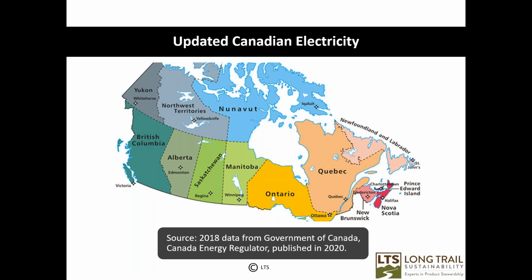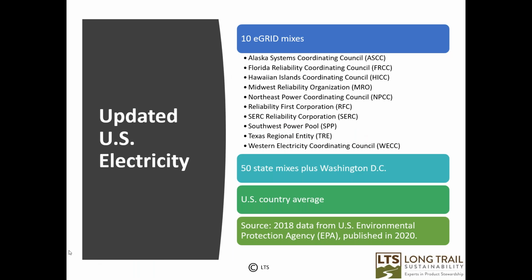In the 2020 DATASMART update, we have updated the Canadian electricity for both the provinces and territories, as well as the country average. This is based on 2018 data from the Government of Canada that was published this year. In addition, we have updated the US electricity.